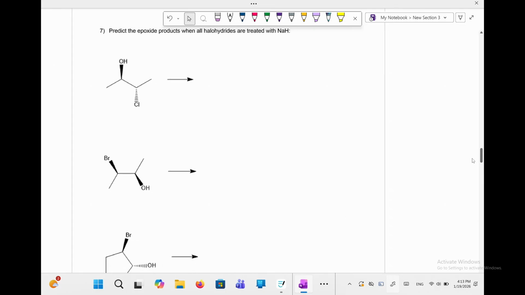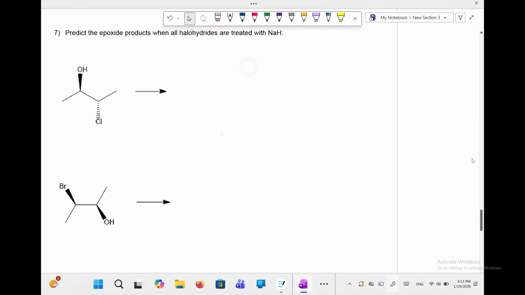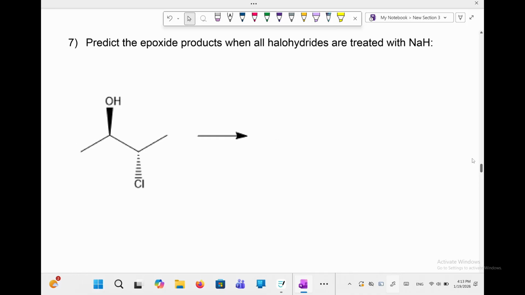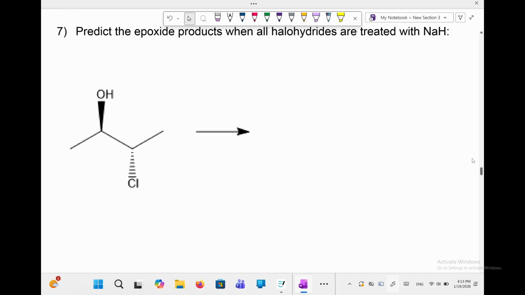So the next thing that we're going to cover is forming epoxides with halohydrins. This is called a halohydrin, where we have an alcohol that's also bonded adjacently to a halogen. Very cool. And epoxides are essentially just ethers, cyclic ethers. They're three-membered ethers, so they're very strained.